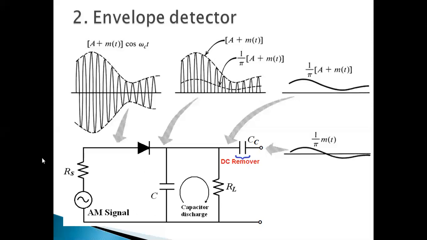Already you have studied this, I think, in PDC. The time constant is tau, equal to the product of RC. Whenever it charges, the time constant value is RS into C. It must be much shorter when compared to the carrier period, that is 1 by FC.